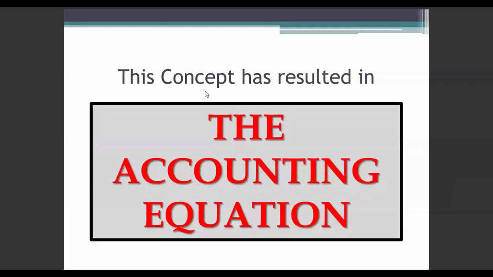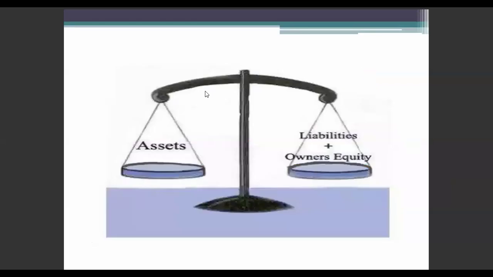And because of this accounting concept, we have something called the accounting equation. Now, what is the accounting equation? The accounting equation says the total of assets is equal to the total of liabilities, or total of assets is equal to capital plus liability.